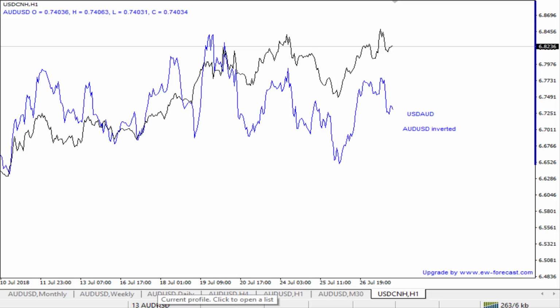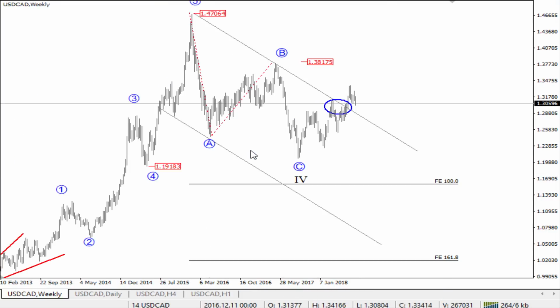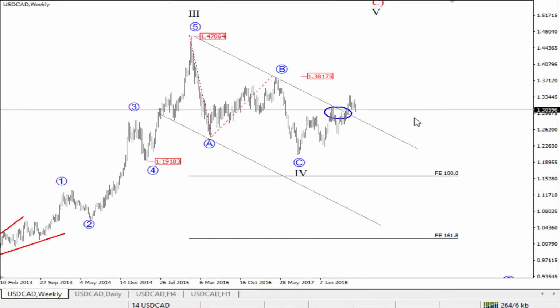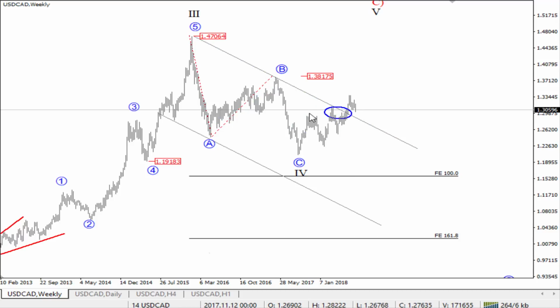Okay, now let's take a look at dollar CAD. Dollar CAD, this is actually a very major breakout above this channel resistance line, but we may see a pullback now because this first shape here looks like a wedge.